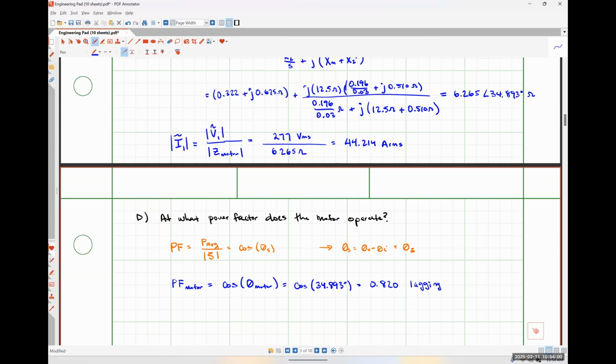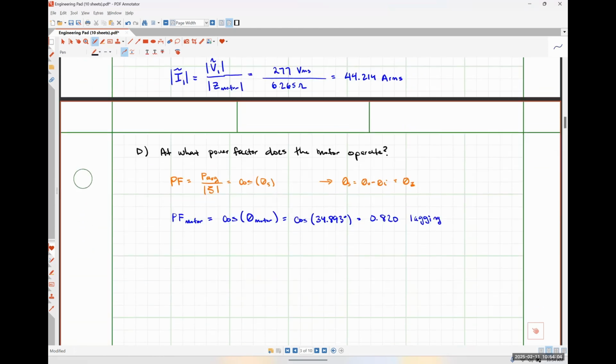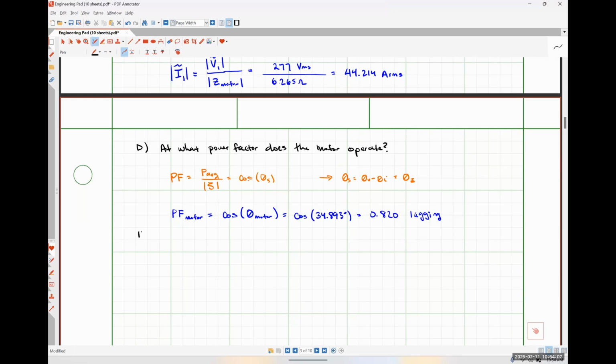All right, so part D done. This was a review of stuff that we've done previously, so let's keep on trucking. Now I want us to find our air gap power.